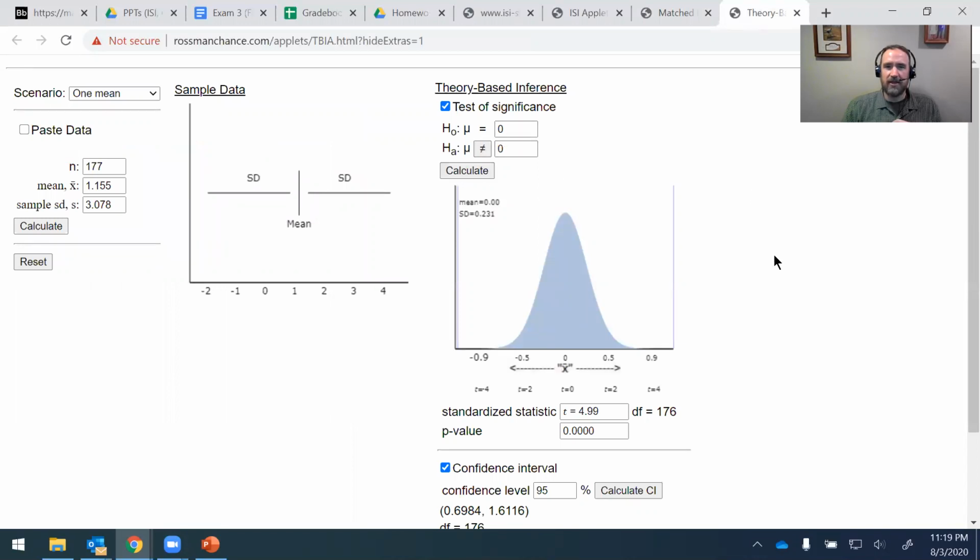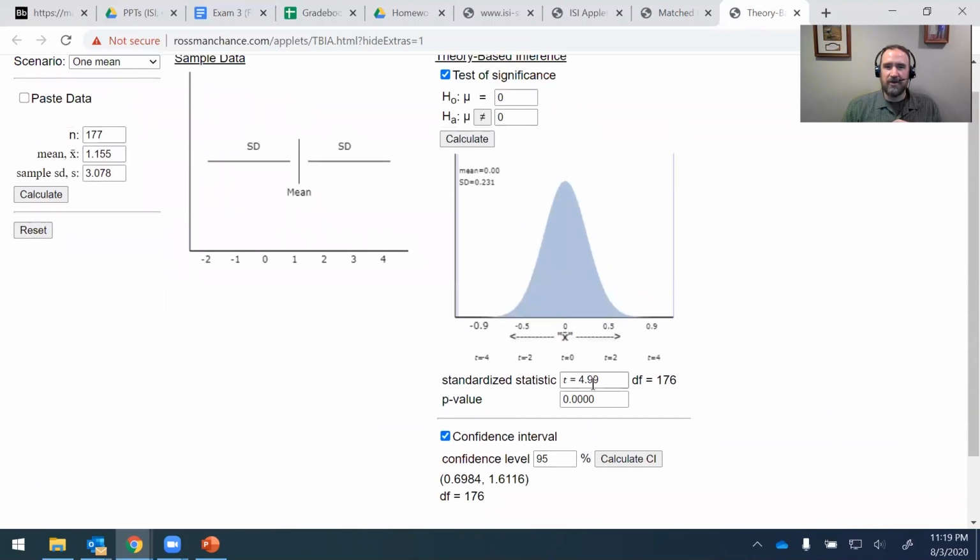We can hit calculate, and it'll bring us a p-value and a standardized statistic. The standardized statistic is just about 5. What's it saying? Our result, our difference of 1.155, is about 5 standard deviations away from that claim in the null hypothesis. Whew, that's a lot of standard deviations.